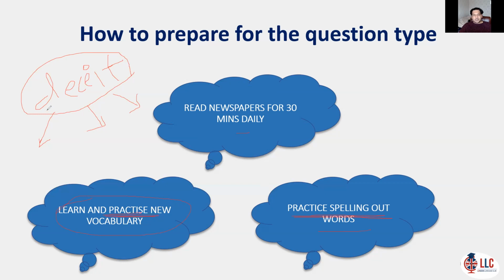So see the word deceit. You don't just memorize the word deceit. You also check its spelling. Deceit. That's how you spell it. So like that, you always try to practice the spelling of the words too. Okay, those are the three preparations that you can take for this question type.